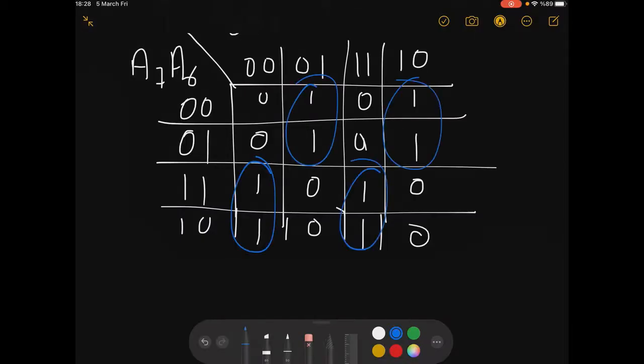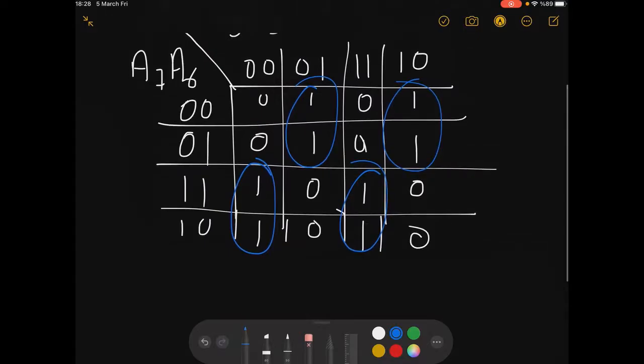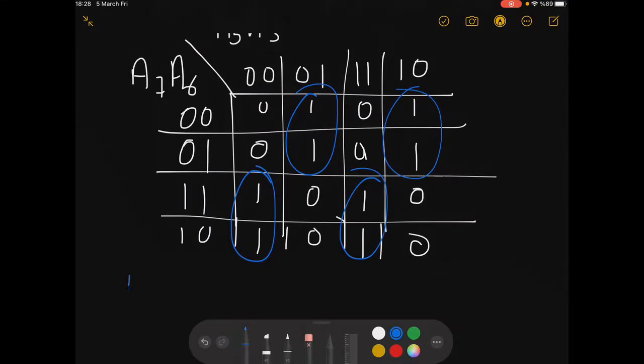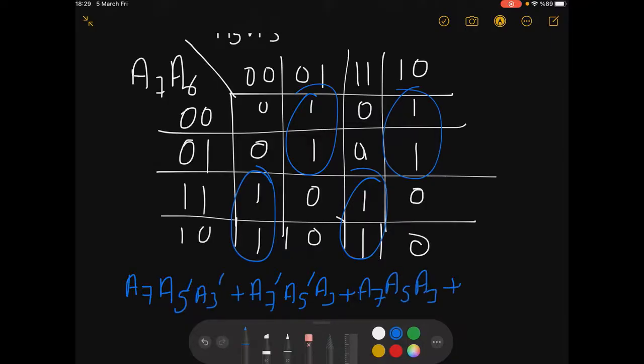These are the best rectangles possible, and let's write them down together: A7 and A5 not, A3 not, plus A7 not, A5 not, A3, plus A7 again A5, A3, plus A7 not A5, A3 not.